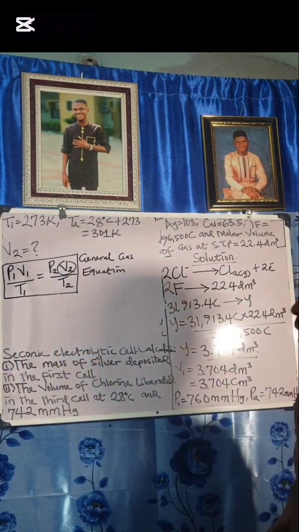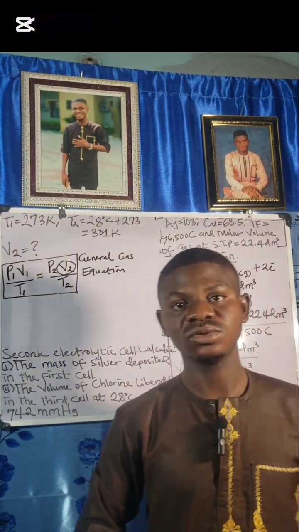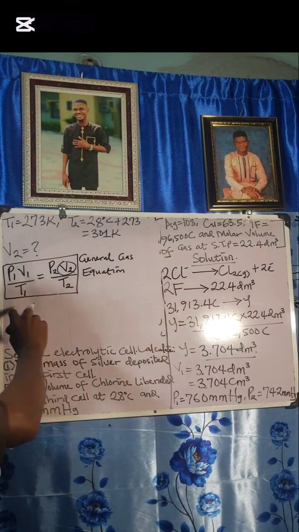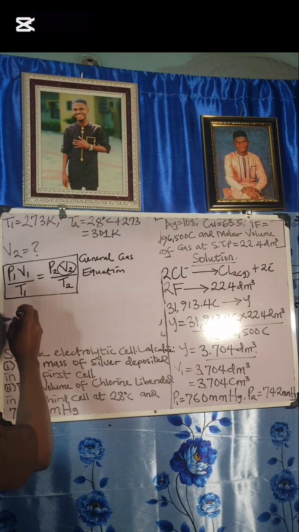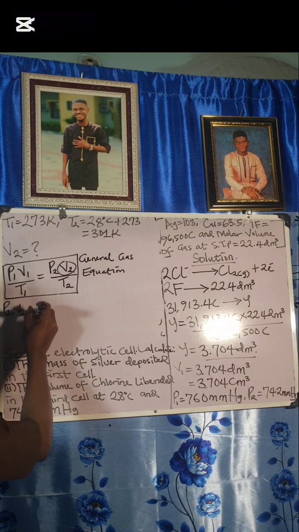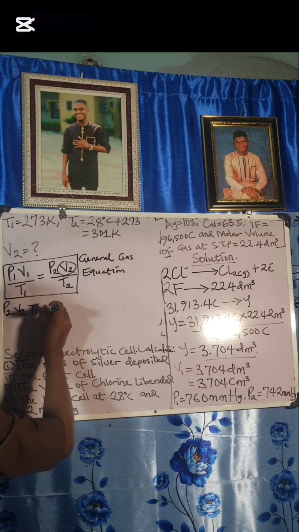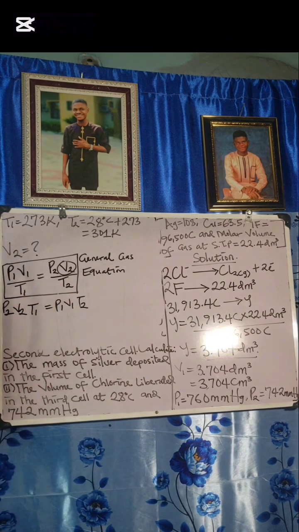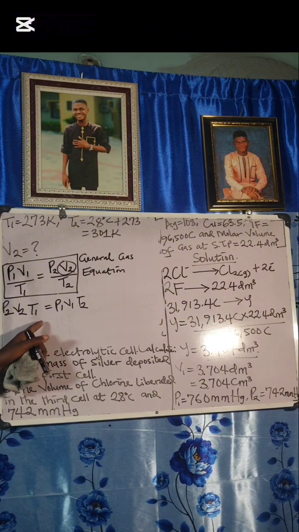Once we cross multiply, we have P2V2T1 is equal to P1V1T2, and then we make V2 the subject of the formula by dividing both sides by P2T1.